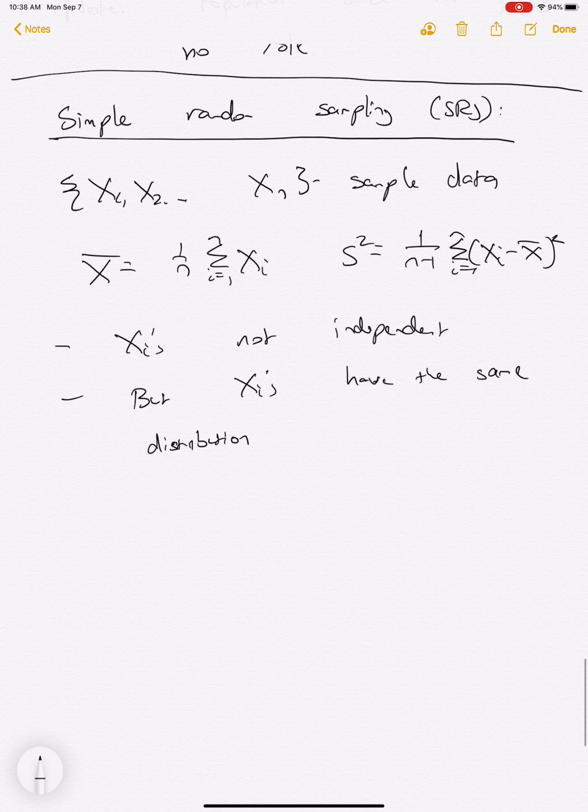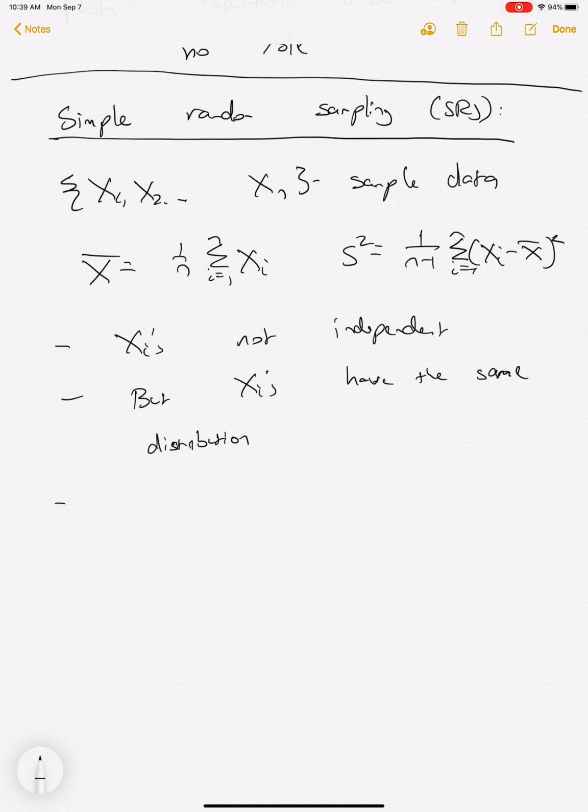The way you can see that is that even though you're drawing without replacement, if you look at the fourth element that you draw compared to the first element, and look at just the fourth draw, you have no information about the first 3 draws. That means the distribution of that fourth draw is just going to be the same. So that's why the xi's will have the same distribution.